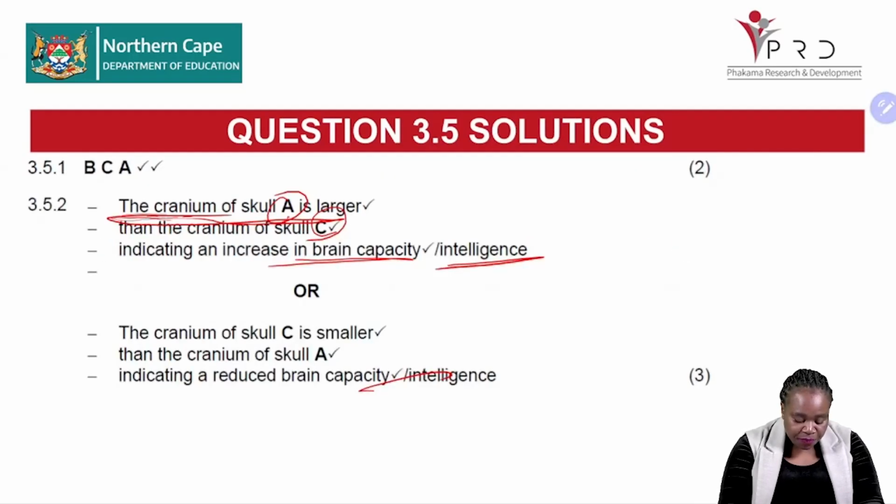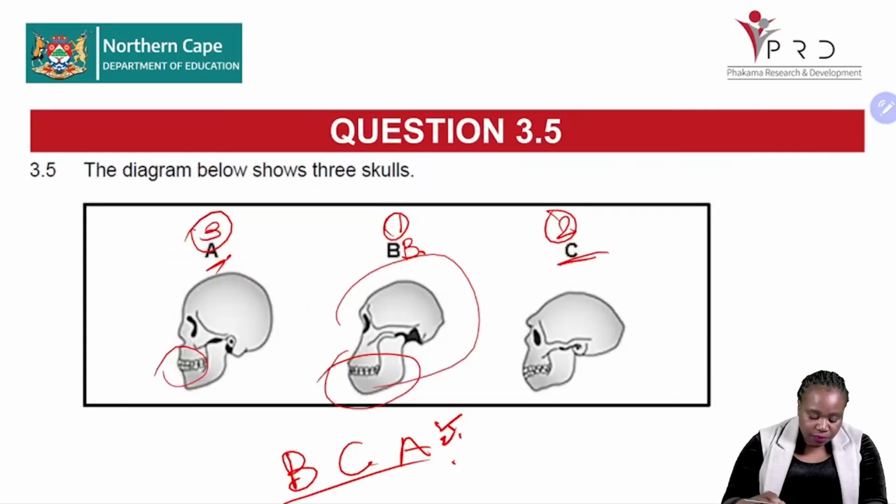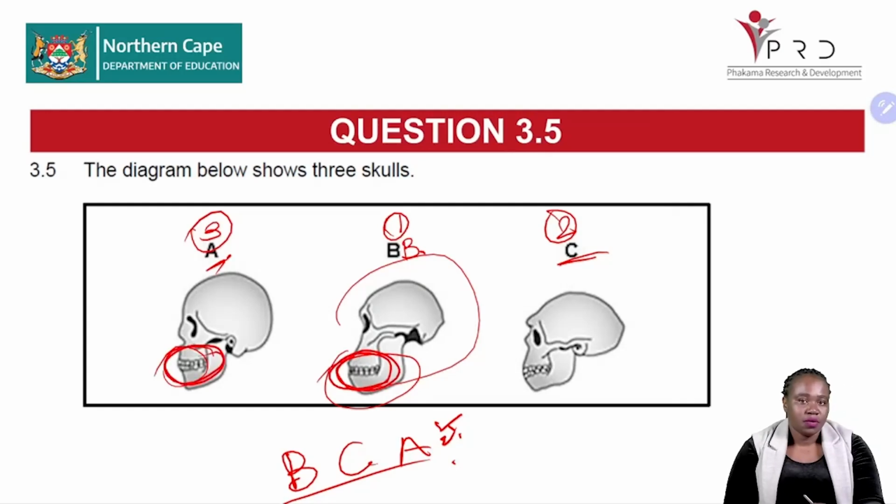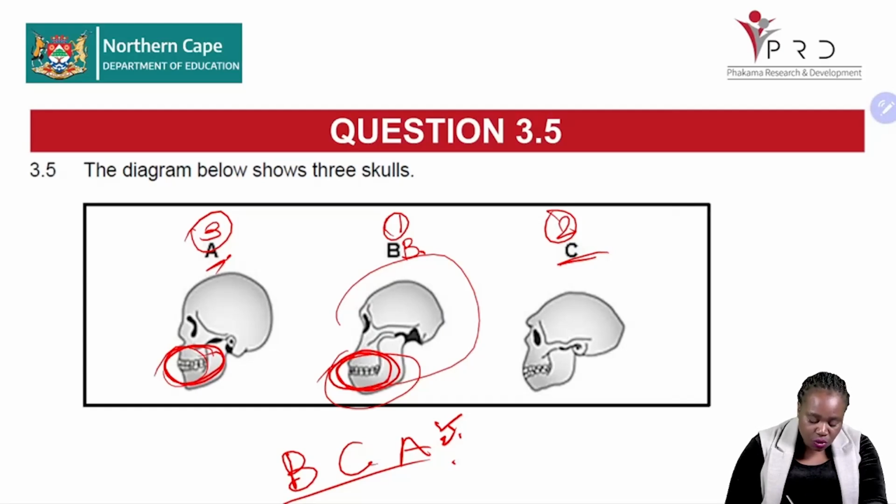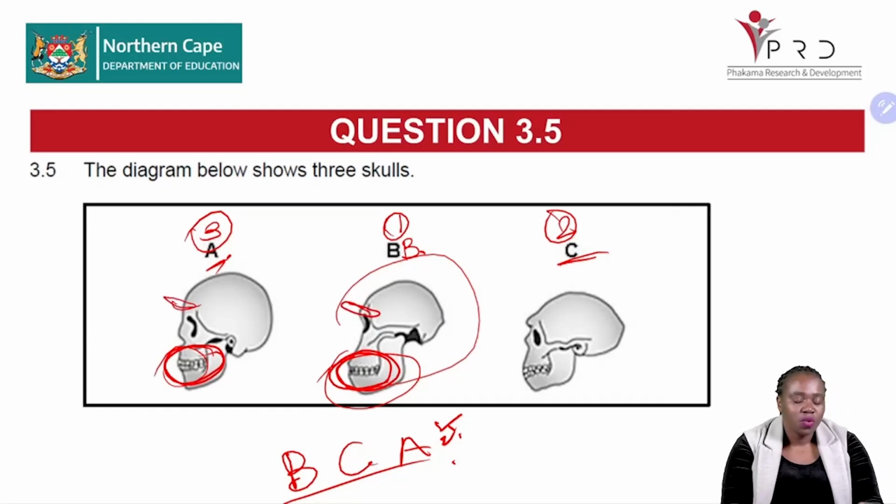You will see that here, this one is more prognathous, as we can see here, and this one is less prognathous, right? And then we can also see that the brow ridges are of different sizes. We can see that skull B has those protruding brow ridges or pronounced brow ridges, whereas skull A does not have that.